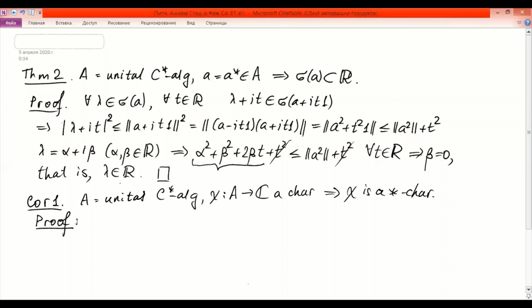Okay, to prove this result, let's observe that we may assume from the very beginning that chi is unital, because if chi is not unital, then it is 0.